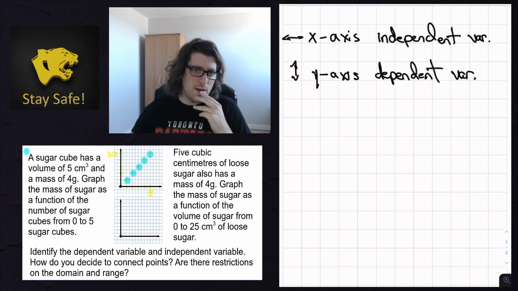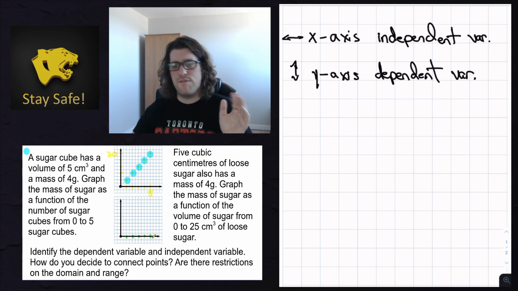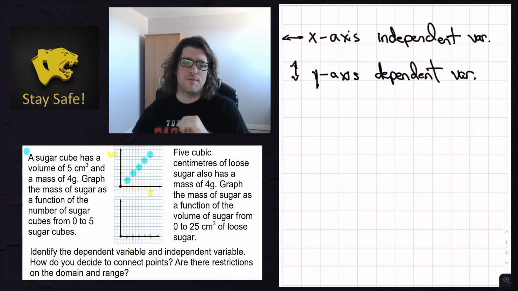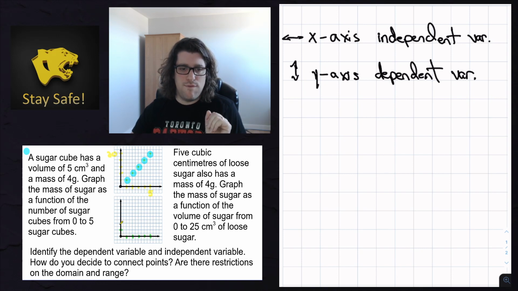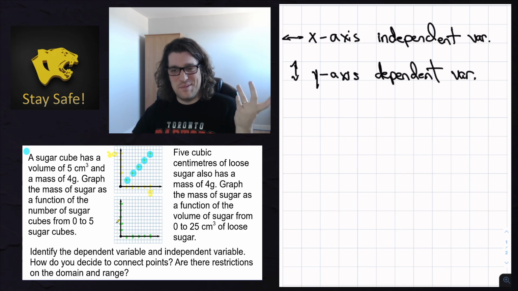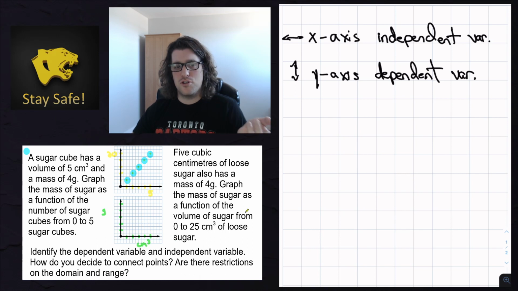So this time, as I go along my sugar axis here, I'm going to have 5 and then 10 and 15, 20 and 25 cubic centimeters of loose sugar. And going up this axis is actually going to be the same as last time. So I'll have 4, 8, 12, 16, 20 as the mass.